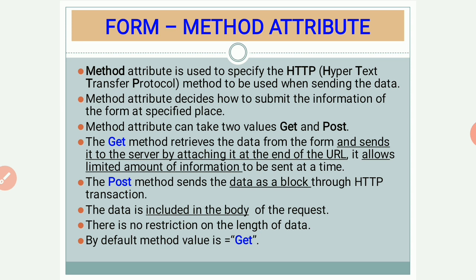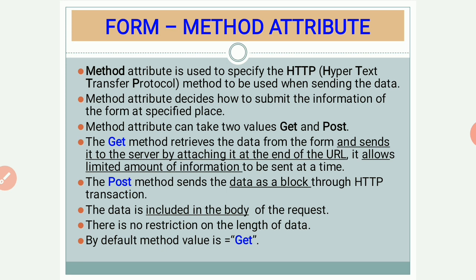The method attribute decides how to submit the information of the form at the specified place. It means its attribute value decides how the field data will be submitted at the specified place, that is at the given file.